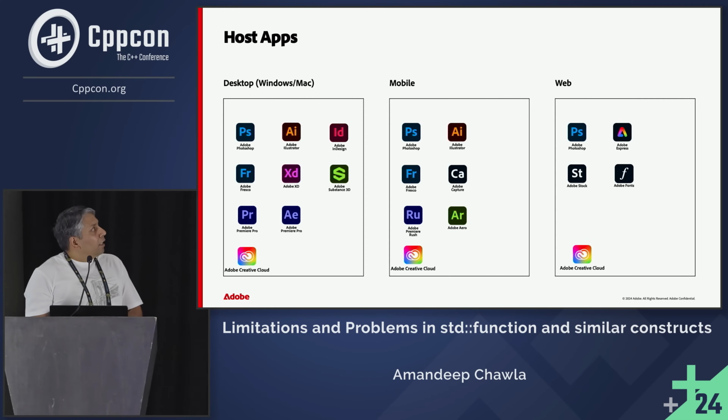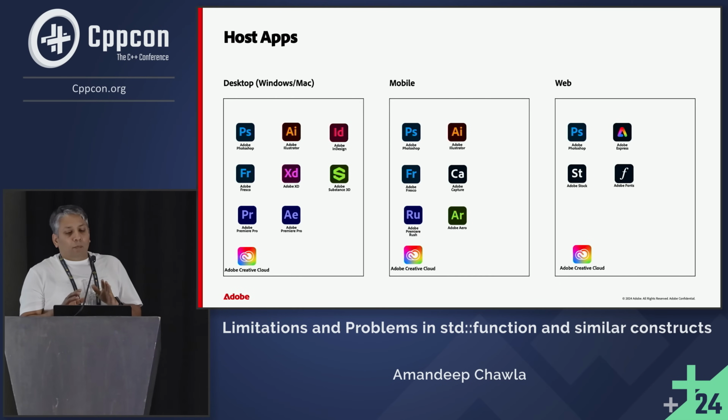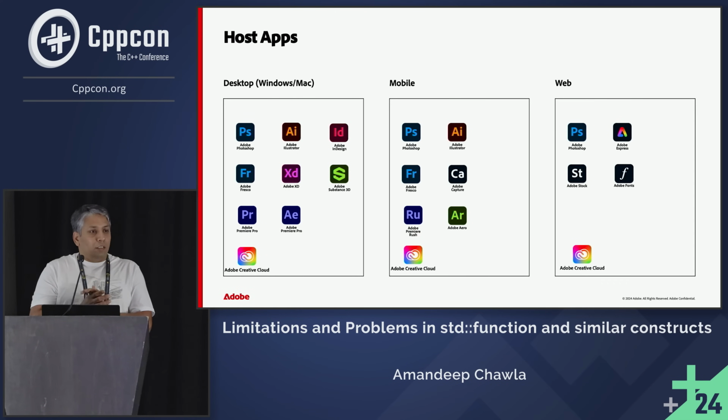If we look at the landscape I work on, this is the kind of products my code goes into. Starting from Photoshop, InDesign, Illustrator on desktop, to newer offerings like Fresco and Substance and all the video products.